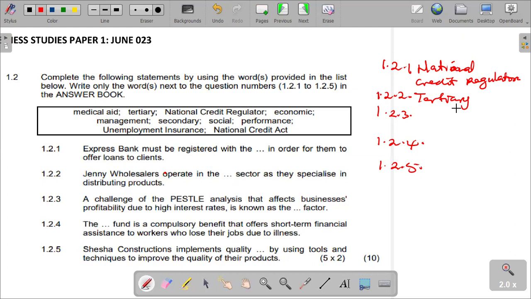Which of these does high interest rates fall under? It has to do with the economic factors.